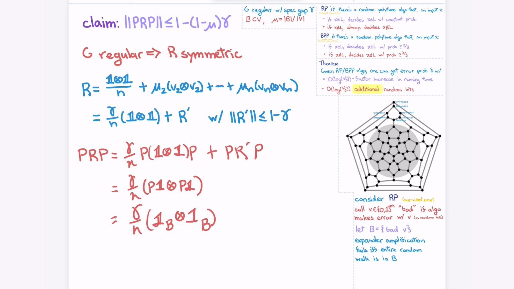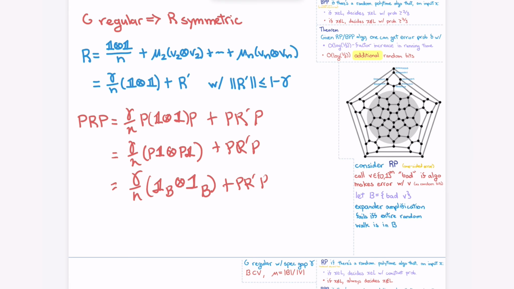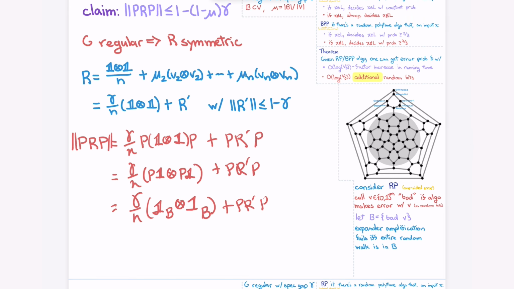Okay, do we do anything to PRP? Let me just check. No. Okay. So I can just do this up above. If we look at the eigenvalue, initially it'll be like this, but we can use the triangle inequality like this.